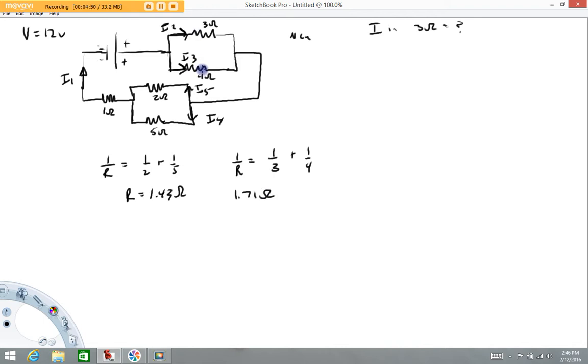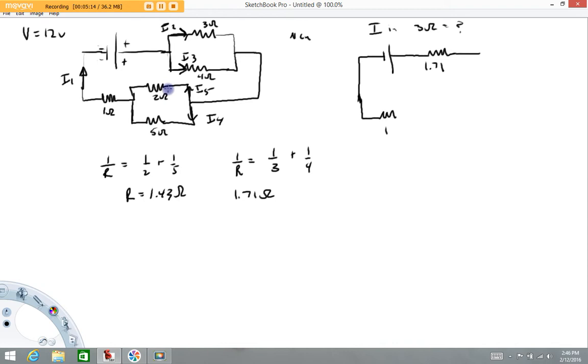What this allows me to do is draw another picture. In the place of the 3 and the 4, I'm going to put a single resistor equal to 1.71 ohms. Then we have our 1 ohm resistor here.